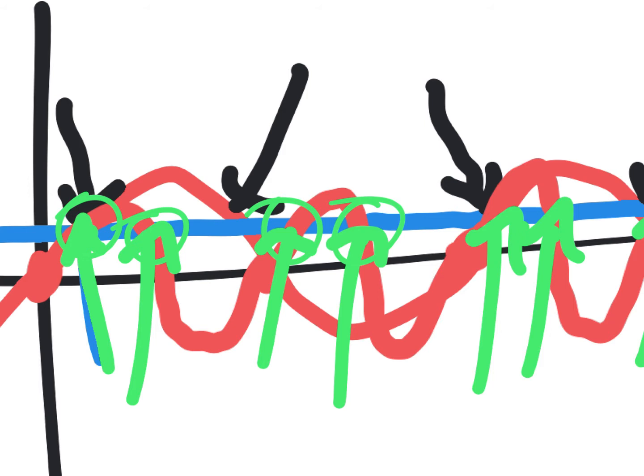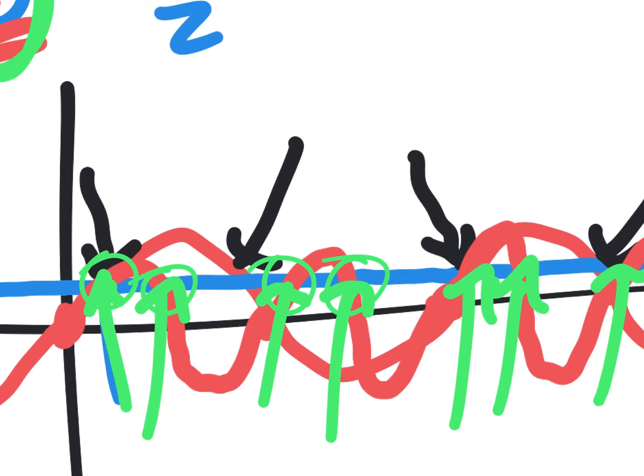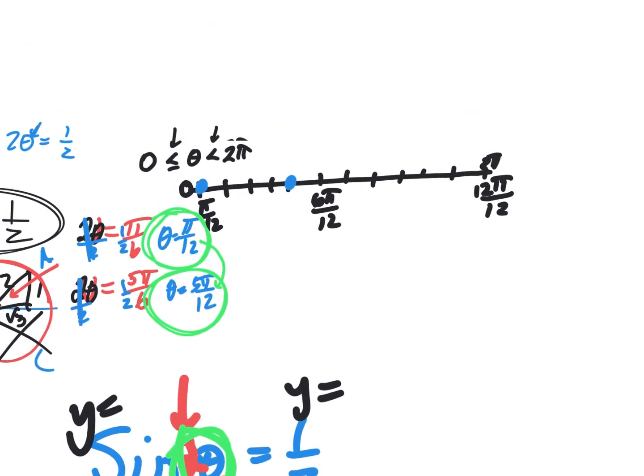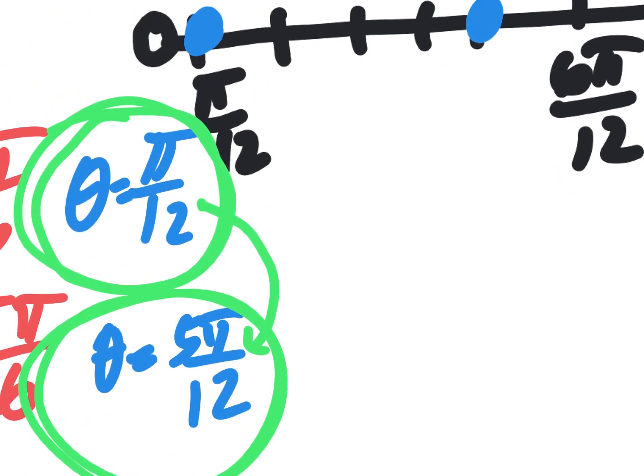So what you can do, though, is say, it's going to repeat based on its period. Where there was an answer and there's another answer, it repeats based on how long its period is. So if this hadn't been stretched, I could simply add 2 pi to it. Do you get that I could just add 2 pi to it and I get another answer? Okay, but what's its period actually?